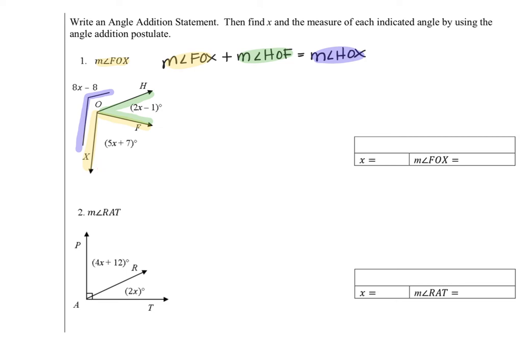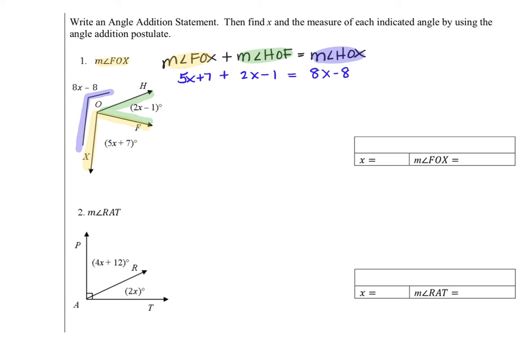So now all we have to do to solve for x is substitute the expressions that they give us for each of these angles. So the measurement of angle FOX is 5x plus 7. And the measurement of angle HOF right here is 2x minus 1. So instead of HOF, we're going to substitute 2x minus 1, and then the measurement of HOX is this outermost part, and that's 8x minus 8. So we'll substitute that in for the measurement of angle HOX.